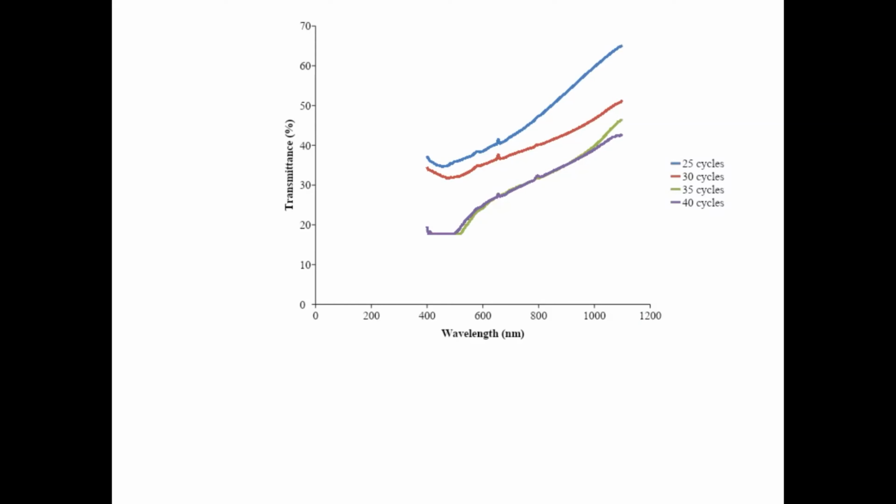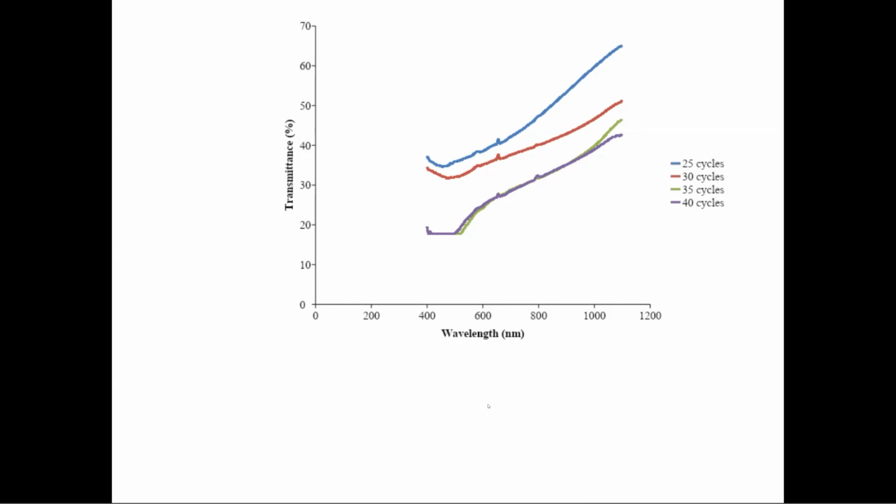This is the transmittance graph for sodium hydroxide as a complexing agent. We can see the transmittance is also higher for 25 cycles. The transmittance increases with increase in wavelength, but is higher at 25 cycles and least at 40 cycles, as you can see in the graph.